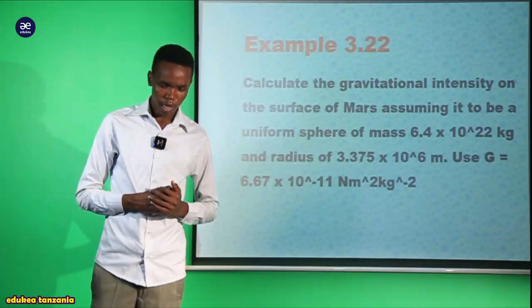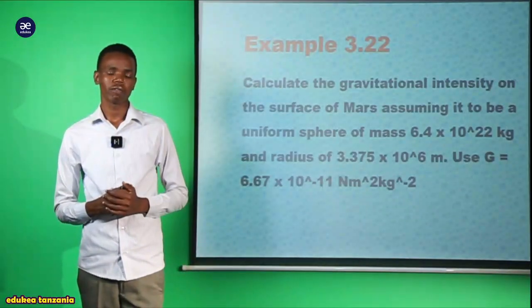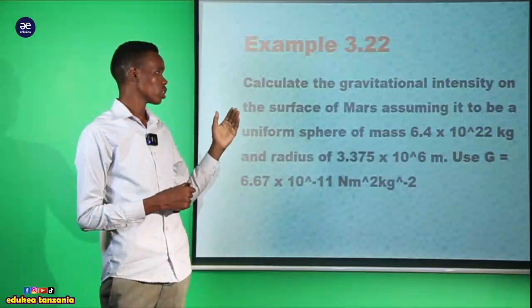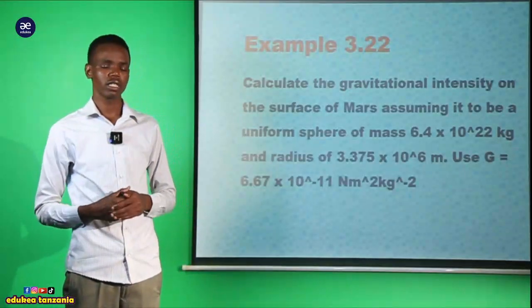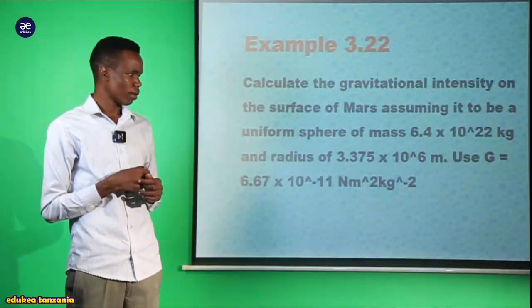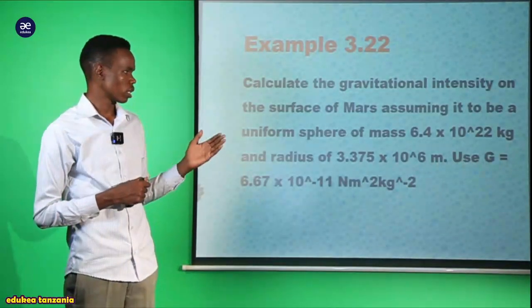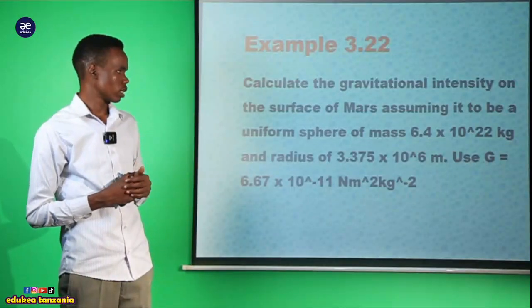So here we are supposed to calculate the gravitational intensity. Gravitational intensity is the same as gravitational field strength. That is what we have been asked to calculate here, the gravitational strength or the gravitational intensity.